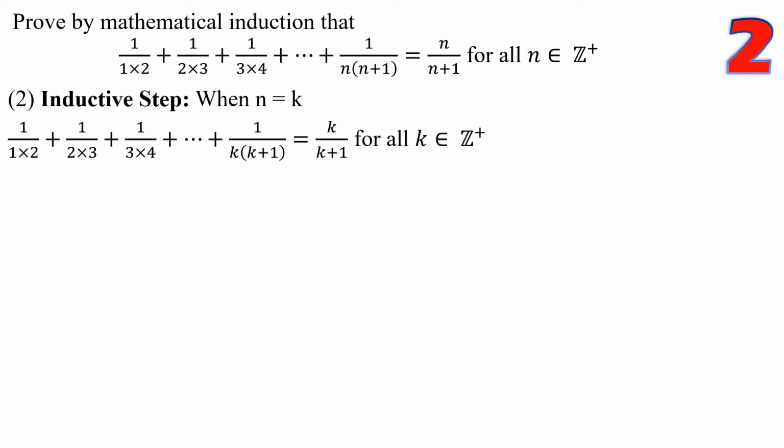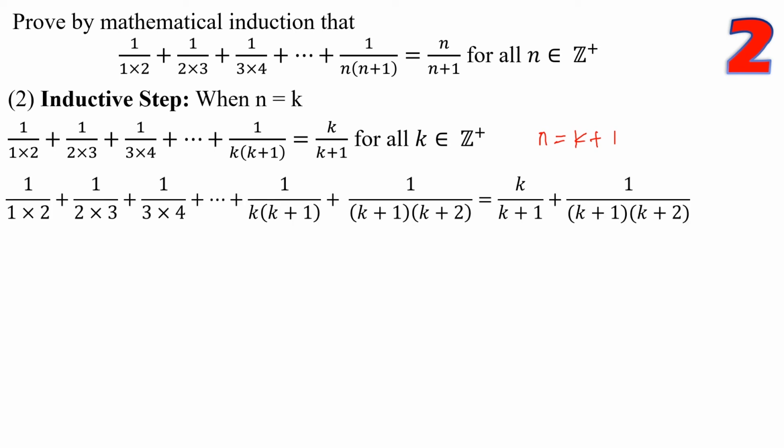Next, we're going to prove now that the statement is true when n is equal to k plus 1. That is, we're going to add to both sides of the equation the next summand.